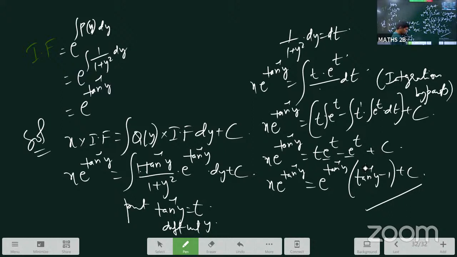Yeah, let us do one more. Next, solve dy by dx plus 2y by x equals 2x square.